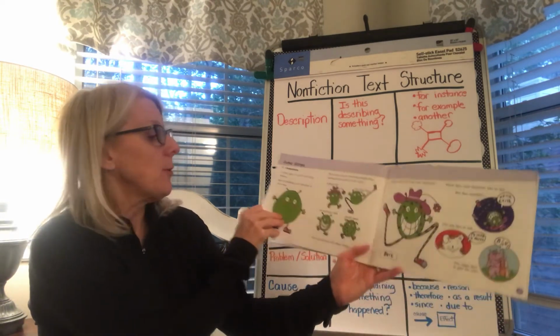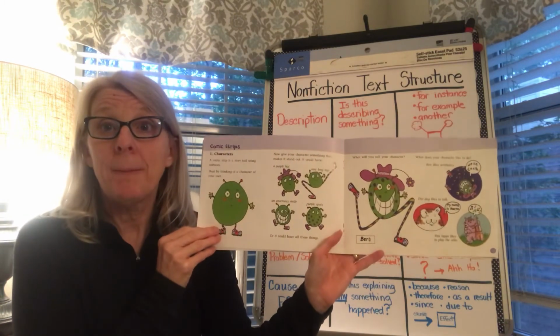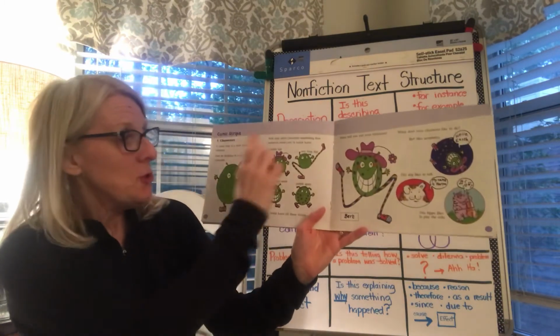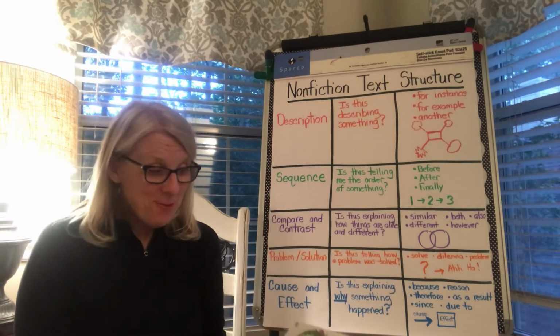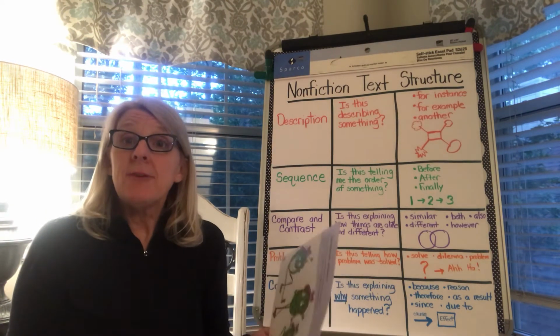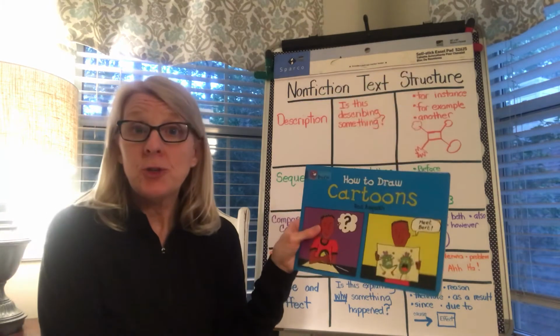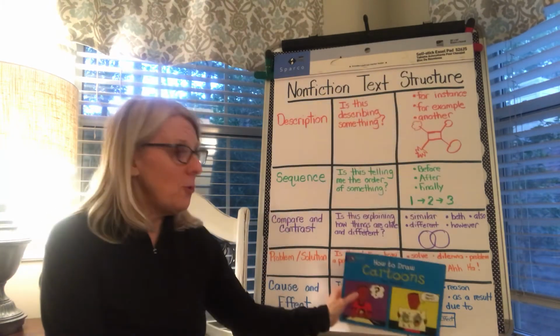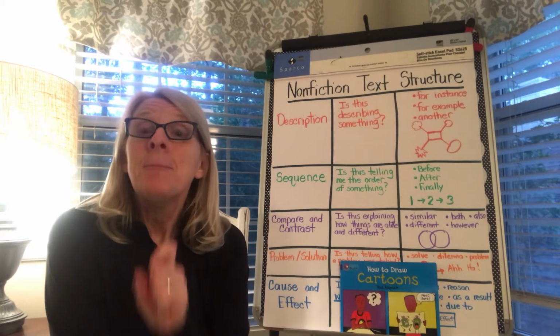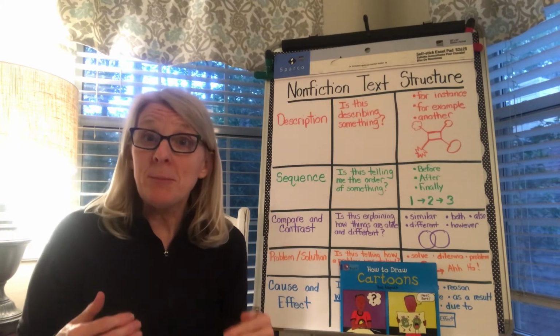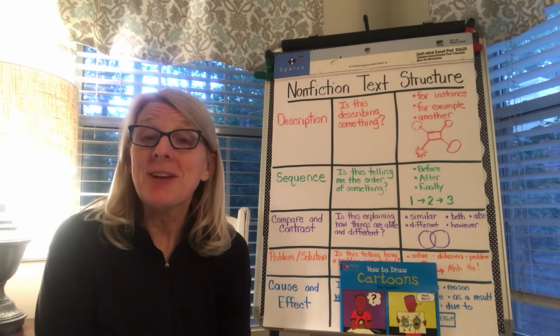All sorts of little things. It tells you how to draw a comic strip, and it tells you each little step that comes with that, right? So if you do any sort of how to draw, or if you are a super scientist, which I know I have out there, and you like to read experiment books, those are also types of sequence books.